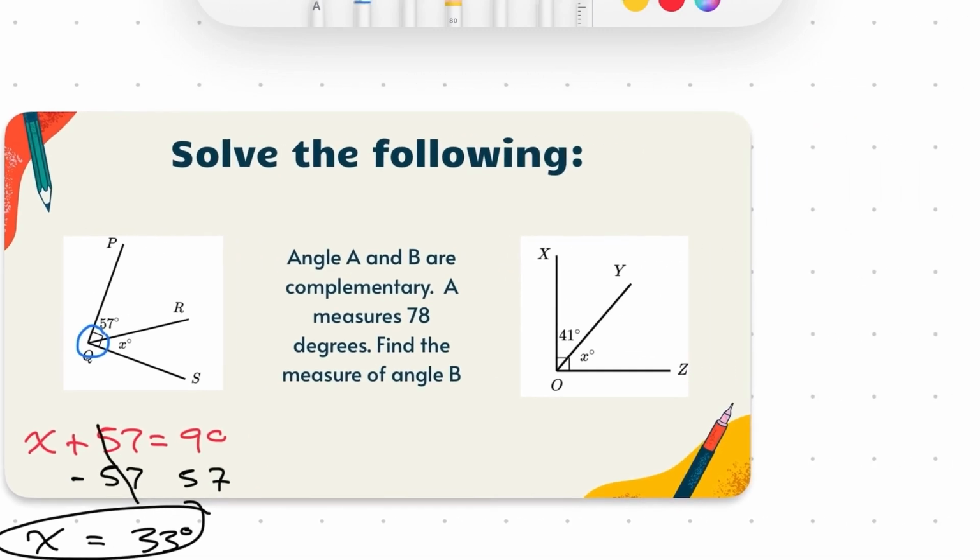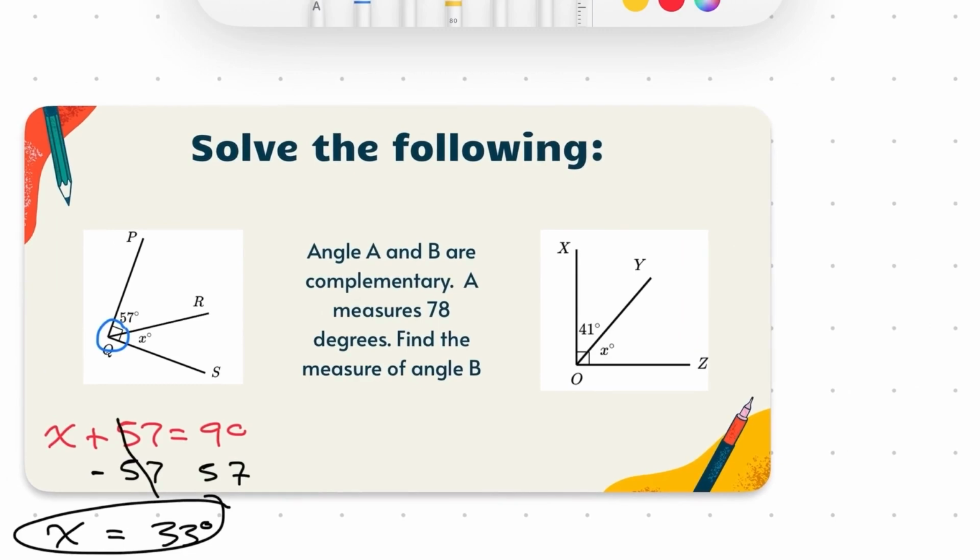Now for question 2, I'm not given a diagram. Instead, it's given that angles A and B are complementary. They add up to 90 degrees. We know that A measures 78 degrees, and we're trying to solve for the measure of angle B. So, like question 1, we can set up an equation.